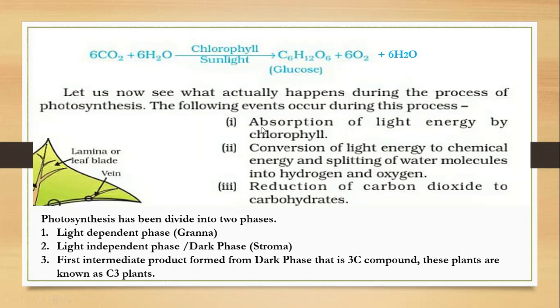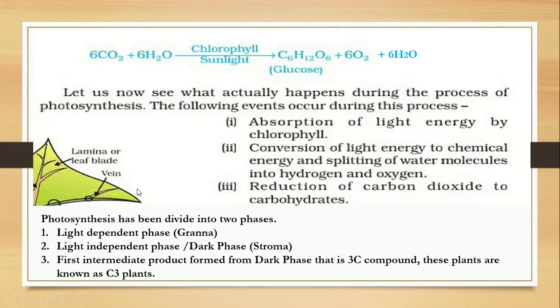In your book, it is written in points: the absorption of light energy by chlorophyll, conversion of light energy to chemical energy, and splitting the water molecule into hydrogen and oxygen. Reduction of carbon dioxide to carbohydrate.